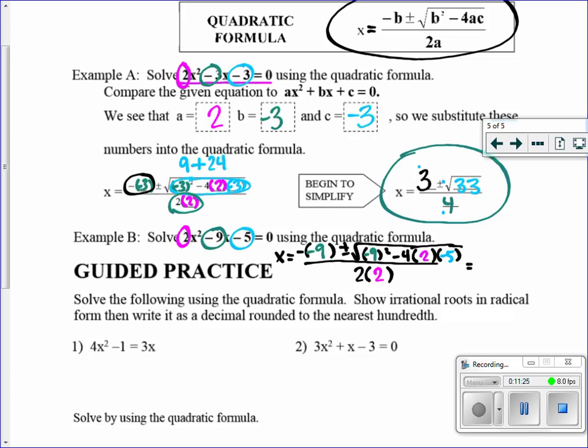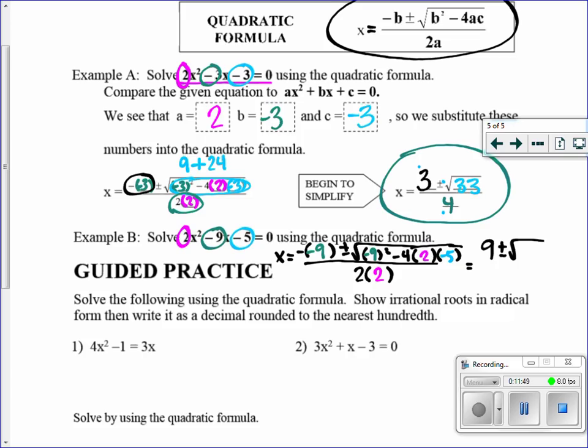So in the front, we have a negative and -9, so it's a +9 plus or minus square root. Figure out what all that stuff is under the square root. So that'd be 81 minus 8 times -5, which is -40.